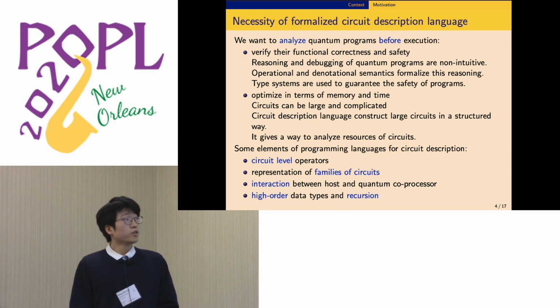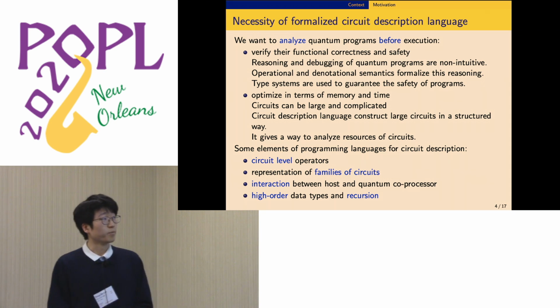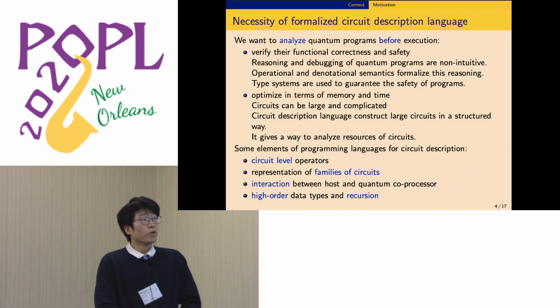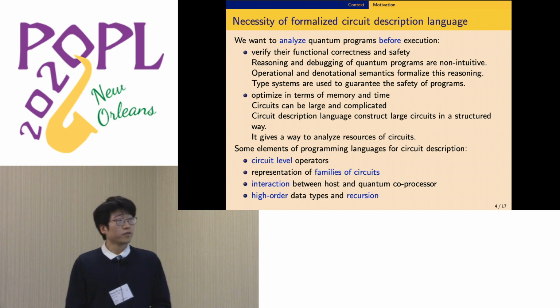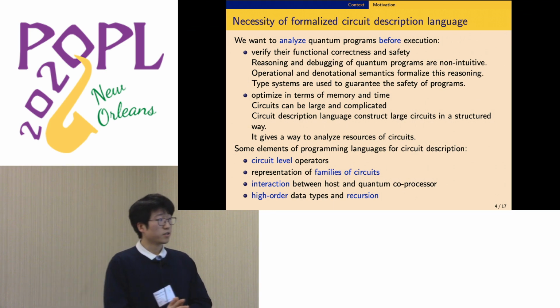Another goal we have here is that we want to optimize the quantum circuit in terms of memory and time. But the circuit can be large and complicated. And that's why we want to have circuit description languages which can give a structured way to construct a large circuit and also give us a way to analyze quantum resources of circuits.